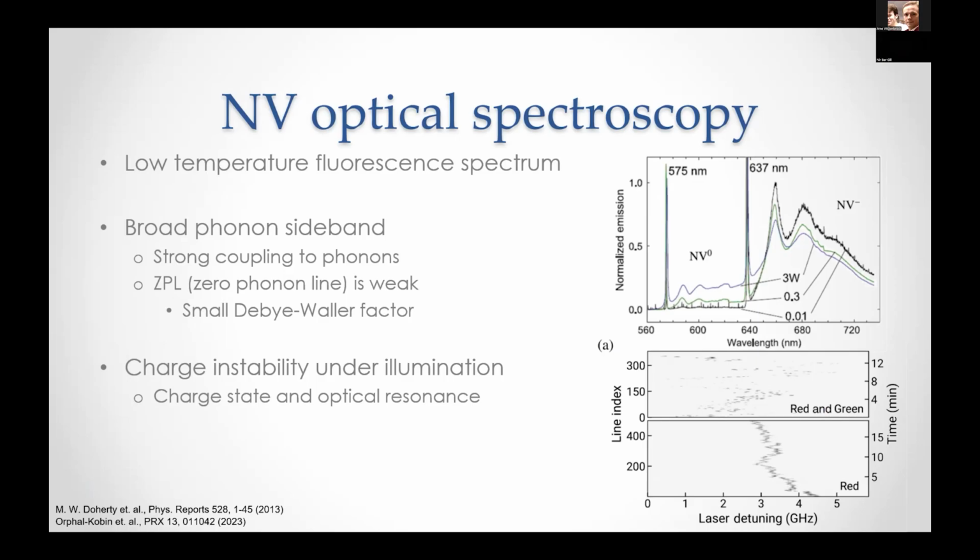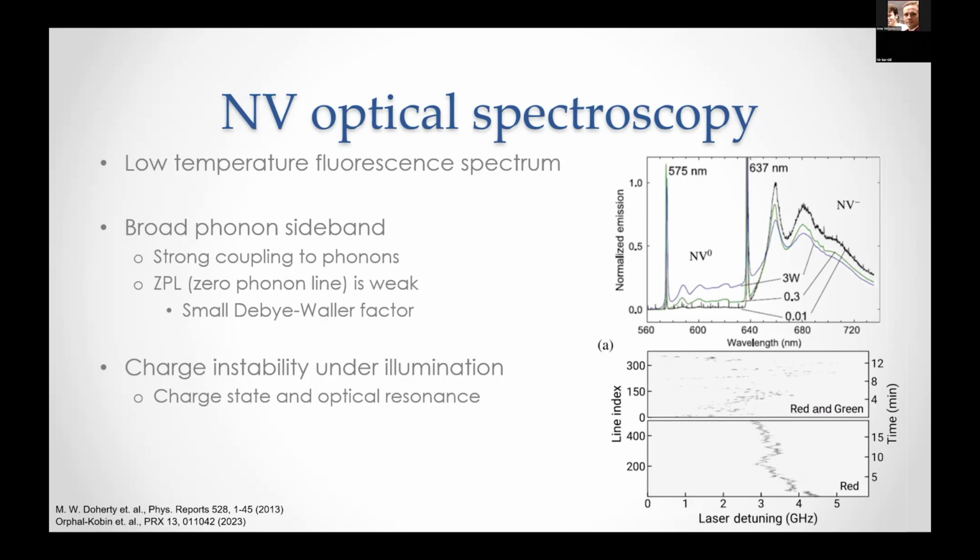This is 637 nanometers. And this is an experiment measuring the resonance position of the NV minus emission as a function of time, so the y-axis here is time, and the color is the strength of the emission. You can see that this thing moves around.